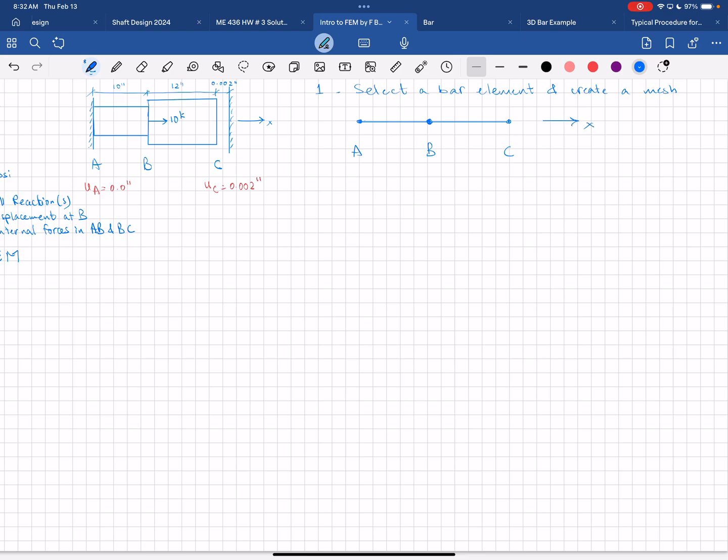At B, I do have a force applied, external force, of 10 kip. And at A, I do have a support reaction that we are yet to find. I'm going to show it here in the negative x direction and call it RA. And at C, I also have a wall reaction RC in the negative x direction.